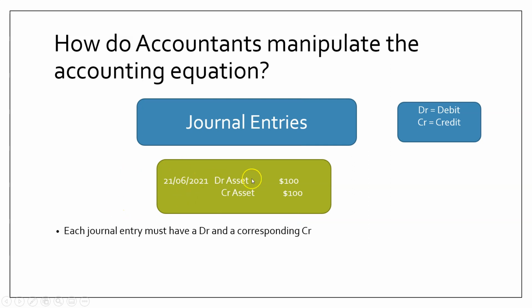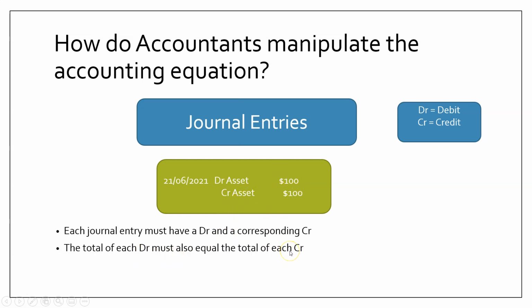Some important things to remember about journal entries generally. Each journal entry must have a debit and a corresponding credit. You can see here we've got a debit and a credit. You can never have a debit by itself or a credit by itself. If you have a debit, there must be a credit. You can have multiple debits and credits within one entry, but the total values must always balance.